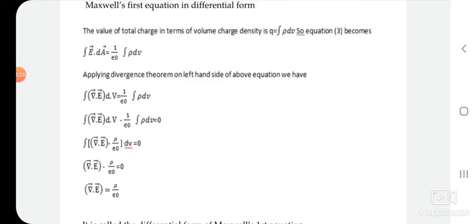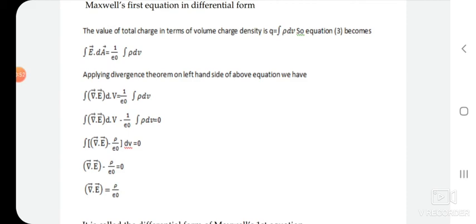The volume integral dV is not equal to 0, but the overall product of (del dot E minus rho by epsilon naught) dV is equal to 0. That's why the square bracket term is equal to 0.